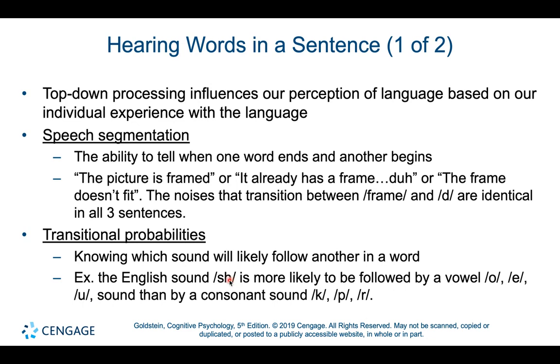And it's much, much less likely to be followed by a consonant sound like K or P. Even though it can be followed by these sounds, it is more typically followed by a vowel sound. And so your brain starts to learn the probabilities of the English language and the co-occurrence of noises, and it uses those learned probabilities to help you interpret language out in the world.